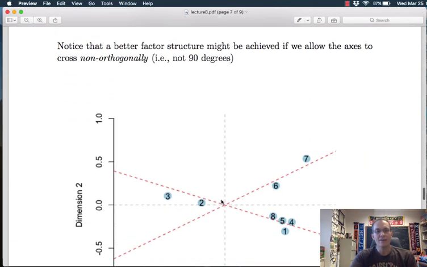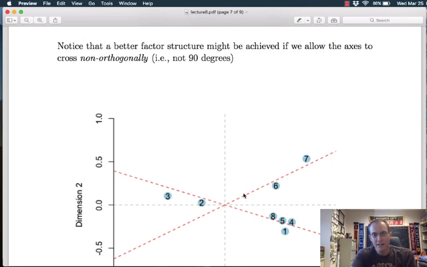Notice that when we had this original factor structure, it might actually even be better to let those axes not be orthogonal, to cross at a non-90 degree angle. In fact, if we make this angle, I worked it out earlier, I don't have my notes here, I think this angle is something like maybe 42 degrees. I think that's right. But anyway, it doesn't matter.